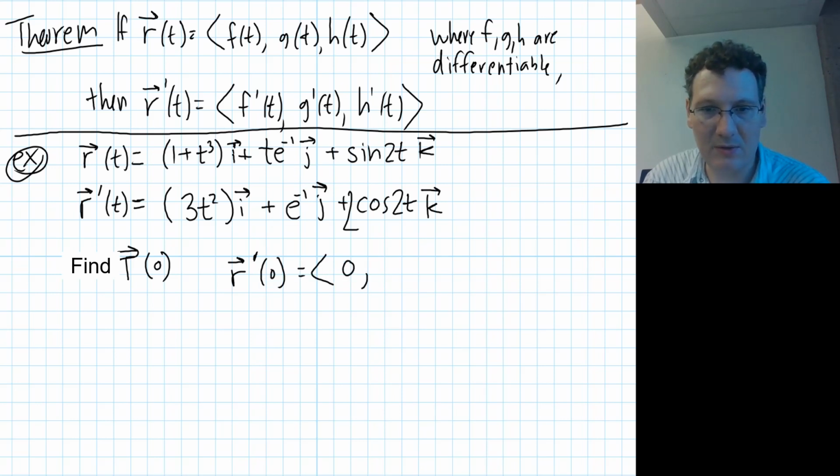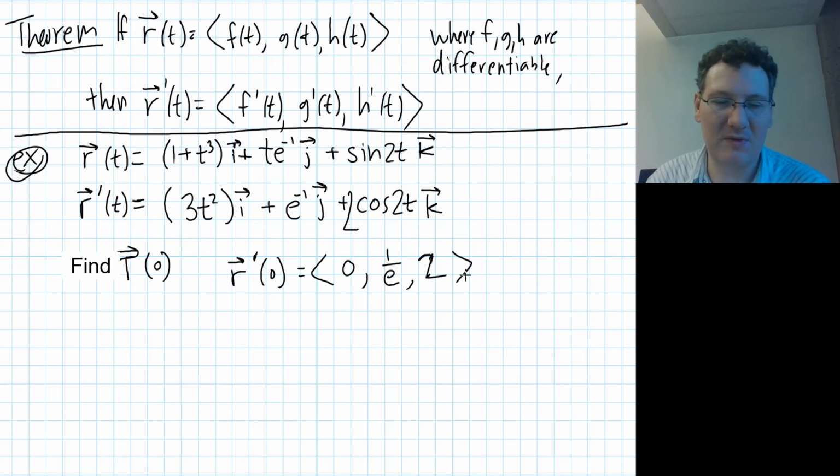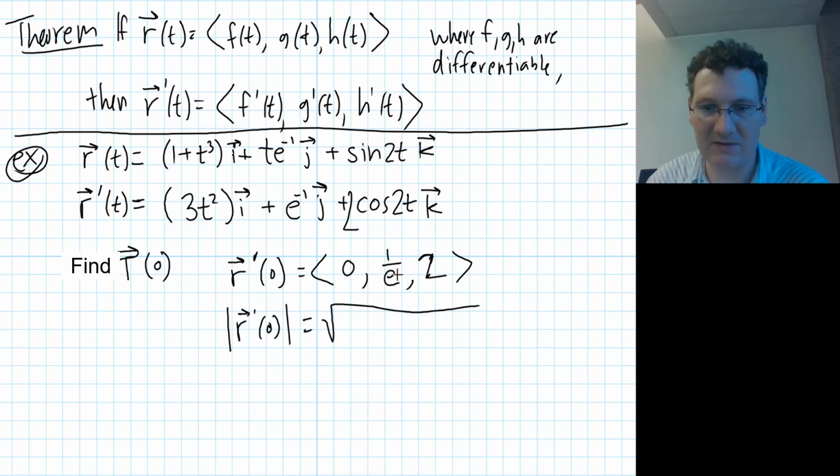It's going to be 0, then 1 over e, because that's maybe a little cleaner looking, and then the cosine of 2t. Do you remember what the cosine of 0 is? The cosine of 0 is 1, so it's 2 times 1, which is 2. So this is not a unit vector. What I need to do is find its magnitude, the length of this vector. So it's the square root of 1 over e squared plus 4.